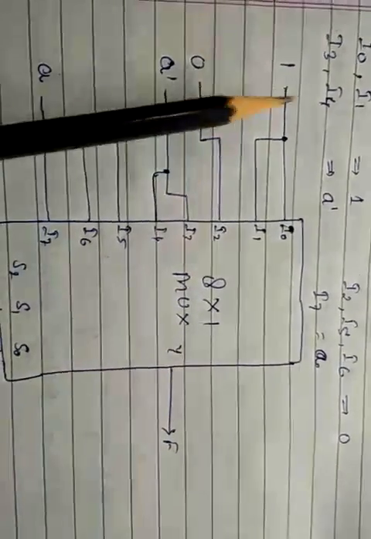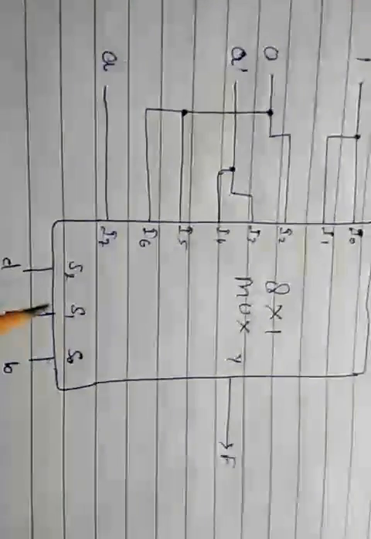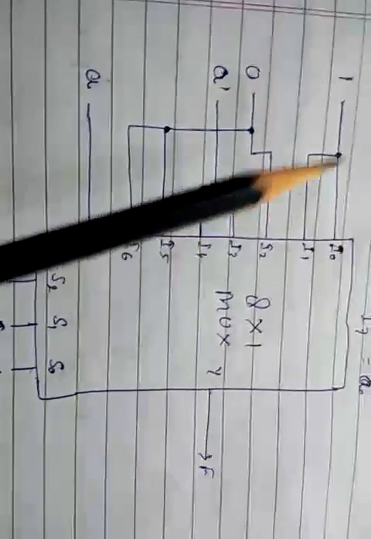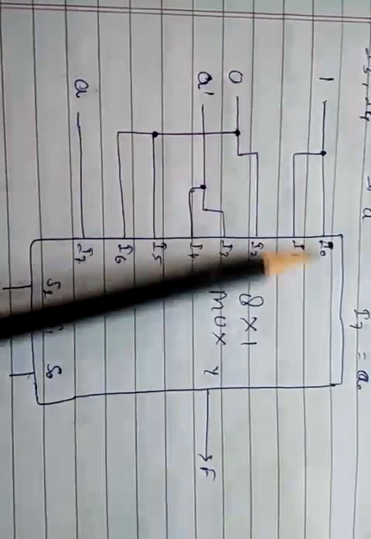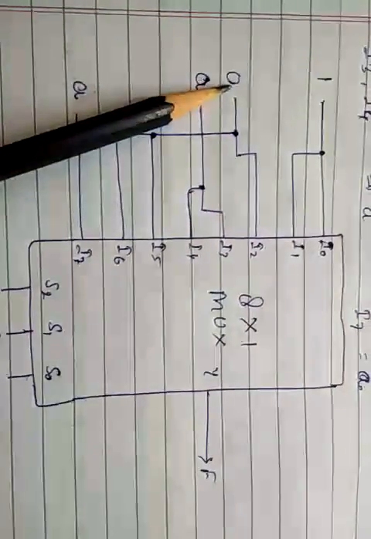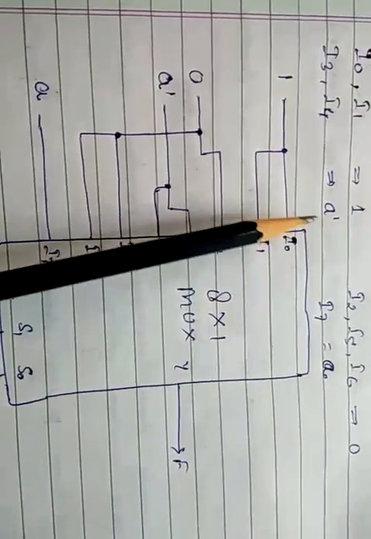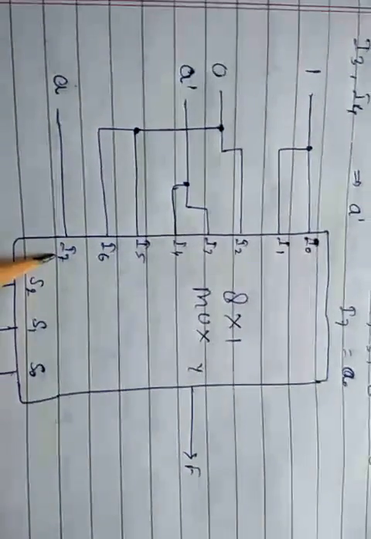This is the output of the function, and these are the different inputs, the singled out variable and the three selection lines will be S0, S1 and S2, that is B, C and D. So here we are writing 1, and this line will be the input to I0 and I1, 0 to I2, I5 and I6 from above, and A bar will go to I3 and I4, and A will be on I7.